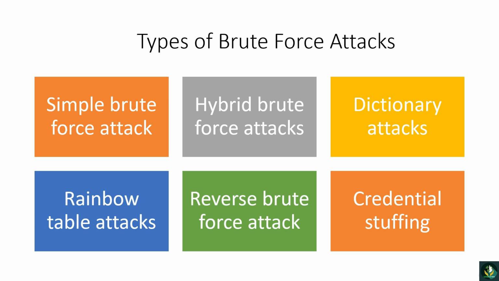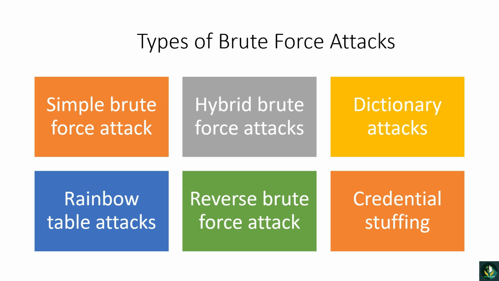Dictionary attack guesses a username or password using a dictionary of possible strings or phrases. Rainbow table attacks: a rainbow table is a pre-computed table for reversing cryptographic hash functions. It can be used to guess a password up to a certain length consisting of a limited set of characters.